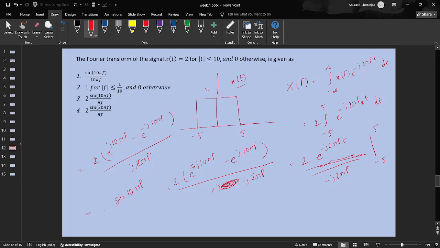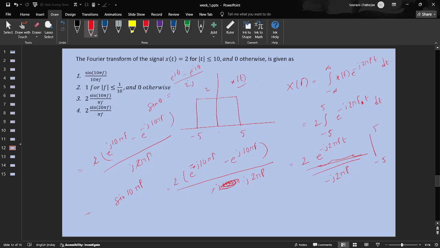It should be 2j, right? If I talk about this term only. e to the power j theta minus e to the power minus j theta over 2j is equal to sine theta. Is that correct, or do you want to correct me here?